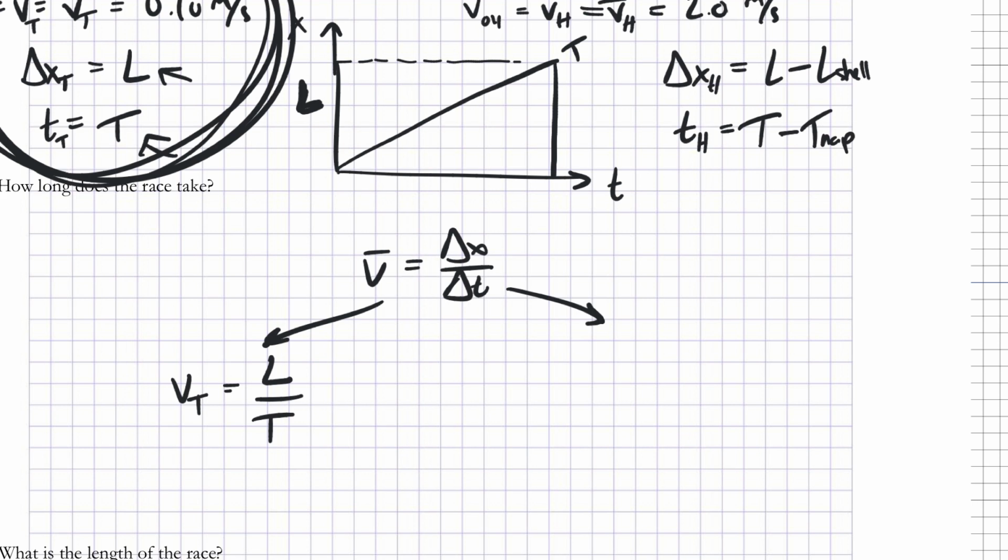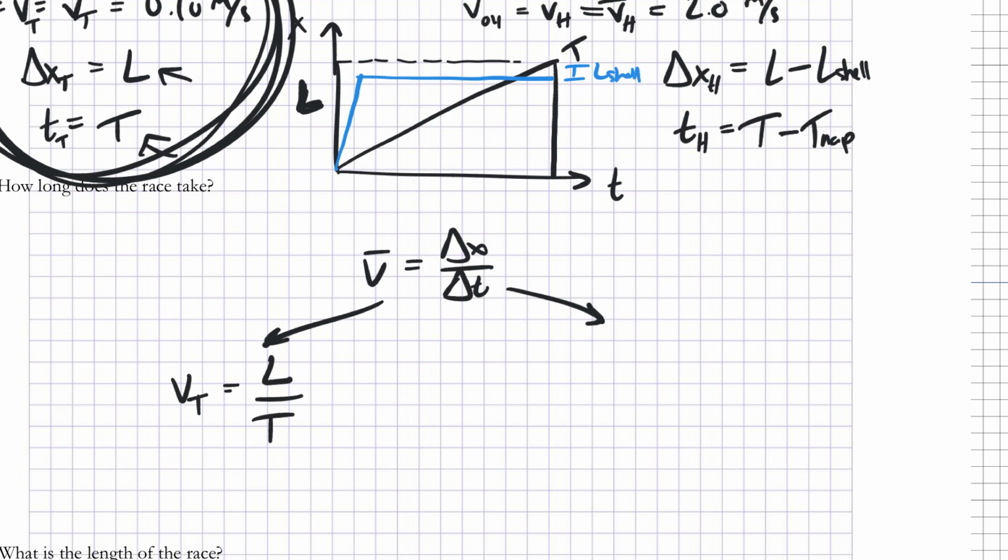For the hare, this is what the hare's line looks like. Let me see if I can get a different color here. He goes really fast, and then he kind of stops, the length of a shell short. So this length right here, that's the length of the shell.